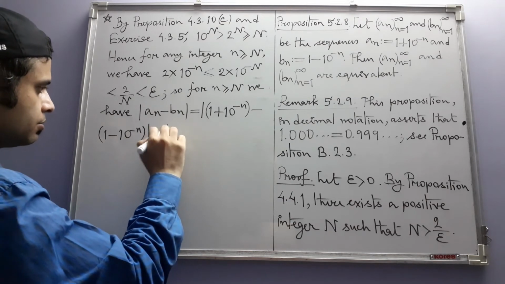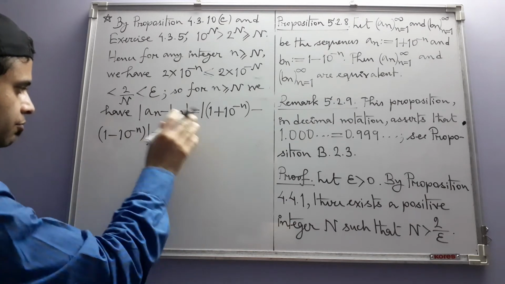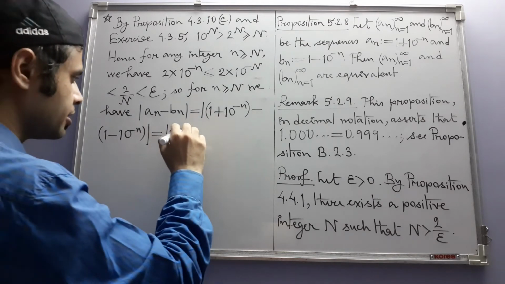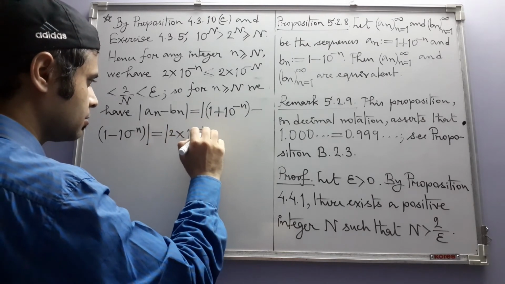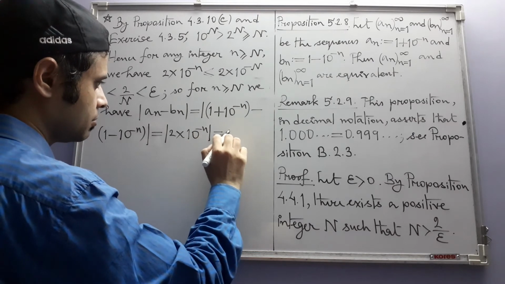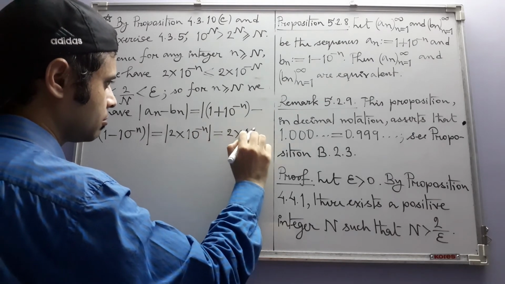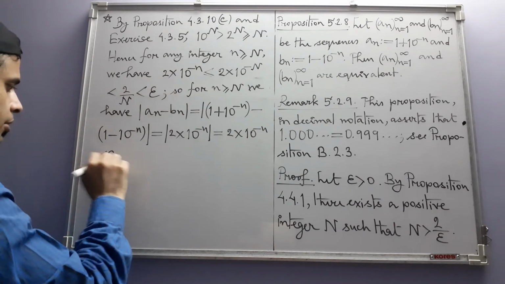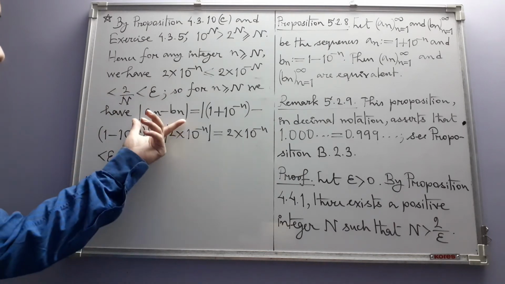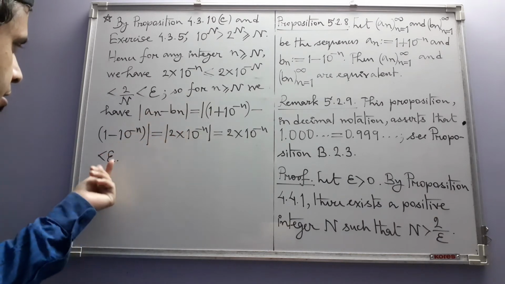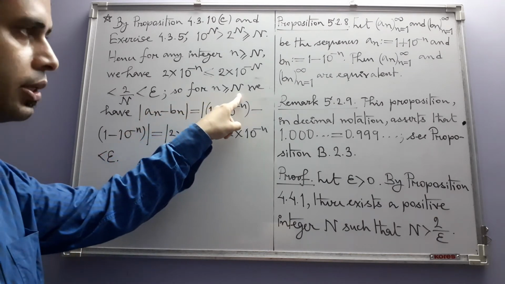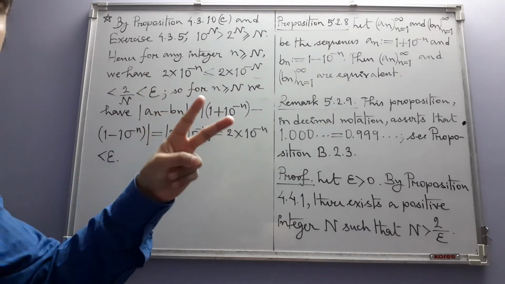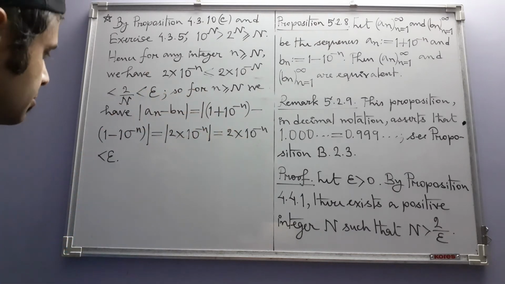This is equal to 2 times, 1 minus 1, they will cancel, and 2 times 10 to the power minus n. And this is less than epsilon. So we see that this numerical difference is less than epsilon for all n greater than or equal to N. Hence, the two sequences are eventually epsilon close.